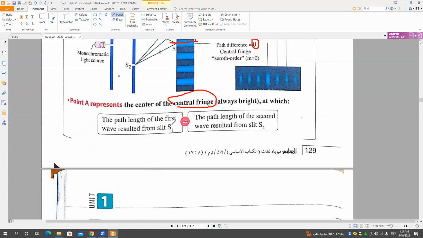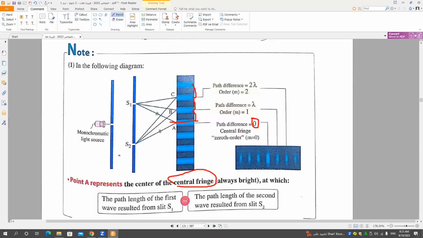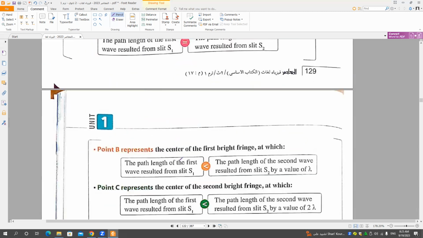Point B represents that the path difference between them equals an integer number, which is 1 in the first one. The path length from S1 is less than the path length from S2 by a value equal to one wavelength.